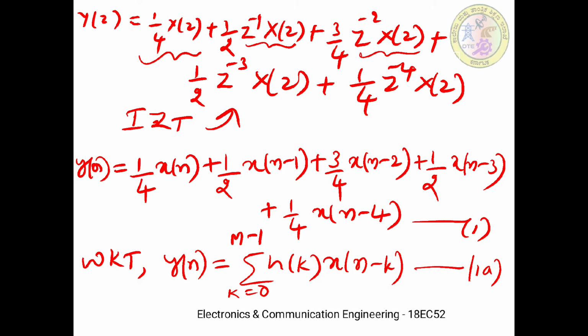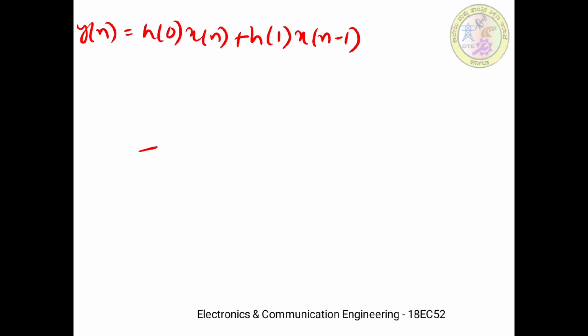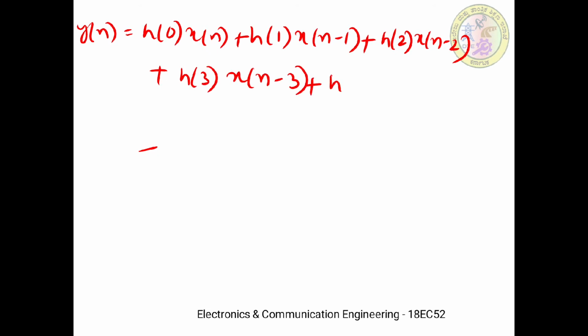For comparison let us expand equation 1a also. So after expansion y of n can be written as h of 0 into x of n plus h of 1 into x of n minus 1 plus h of 2 into x of n minus 2 plus h of 3 into x of n minus 3 plus h of 4 into x of n minus 4 plus it continues. So call this equation 2.